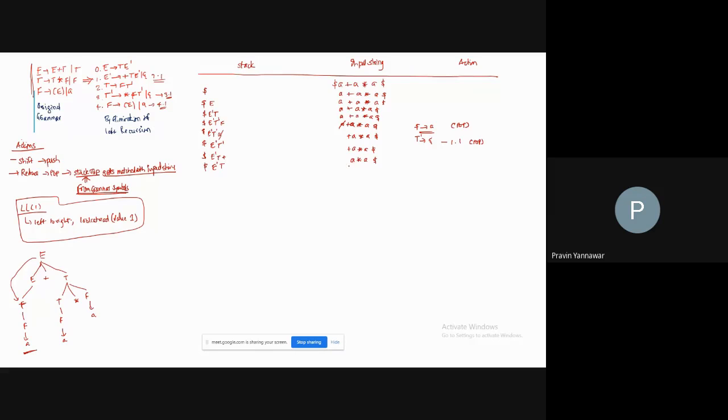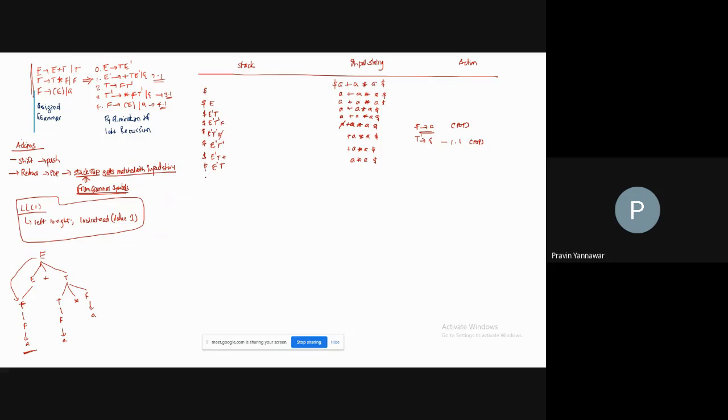Okay, now in order to get this particular A, what I need to do is go for T is FT dash, right?